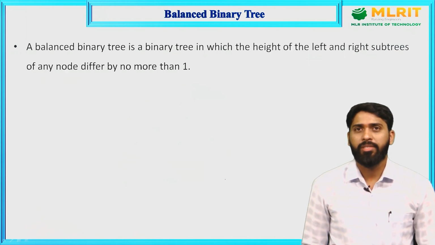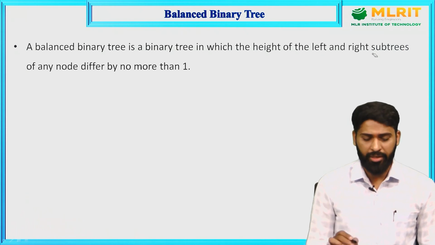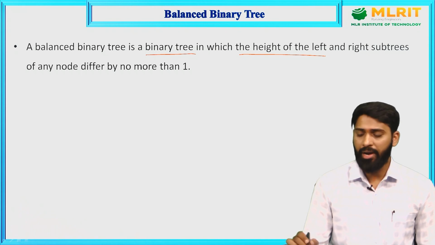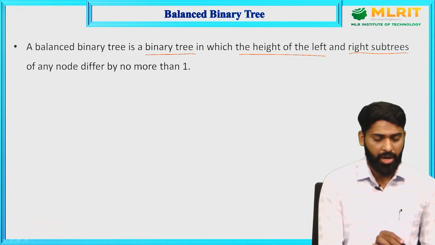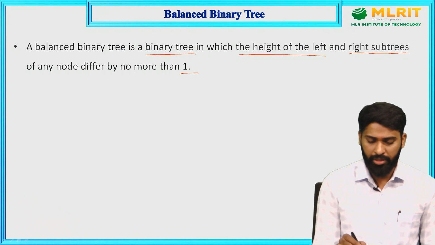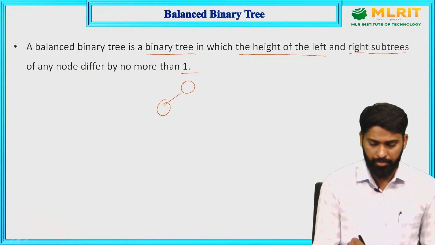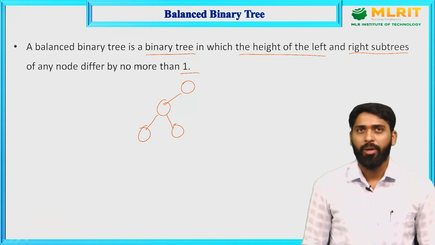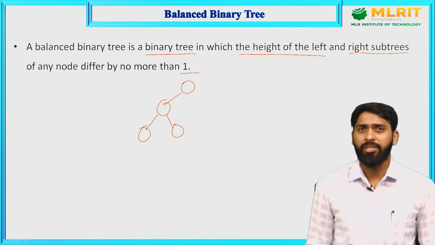Okay. So, next one is balanced binary tree. A balanced binary tree is a binary tree in which the height of the left and right subtrees of any node differ by no more than 1. So, consider here. This is a binary tree, but it is not a balanced binary tree.